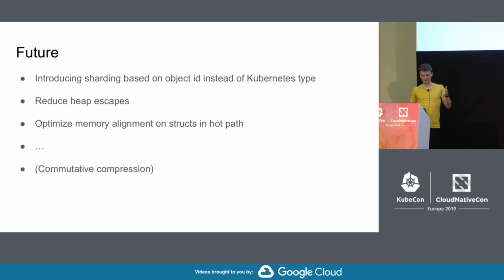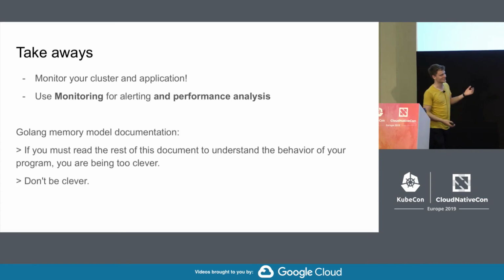In general, maybe a takeaway is that kube-state-metrics is a lot more optimized nowadays. We had a lot of help from upstream Prometheus, but also inside the Kubernetes community. But also, when you look at it from a different perspective, as the alternative title of the talk says, the takeaway is, first of all, monitor your cluster and application.